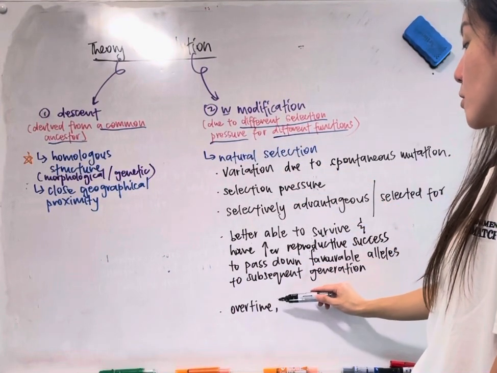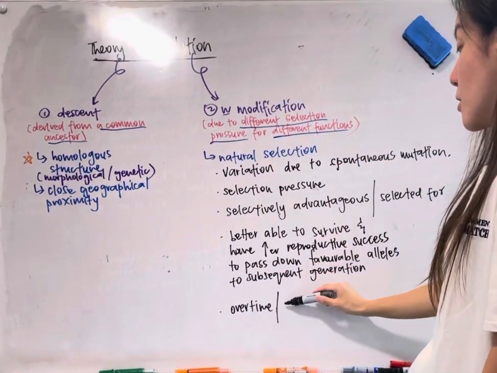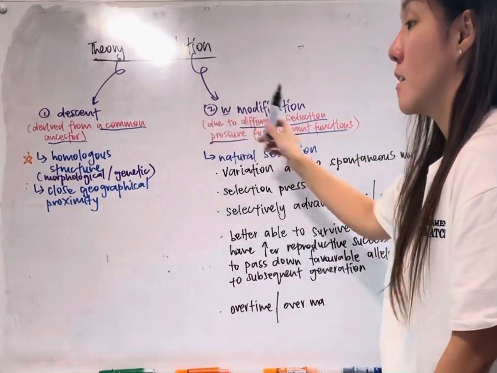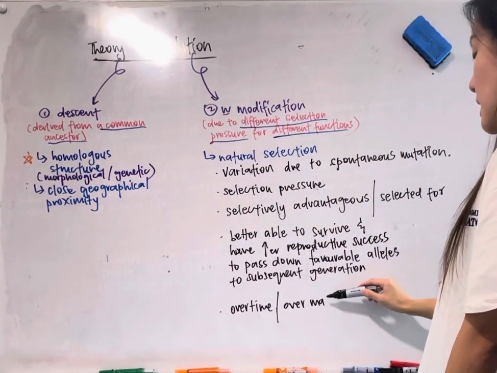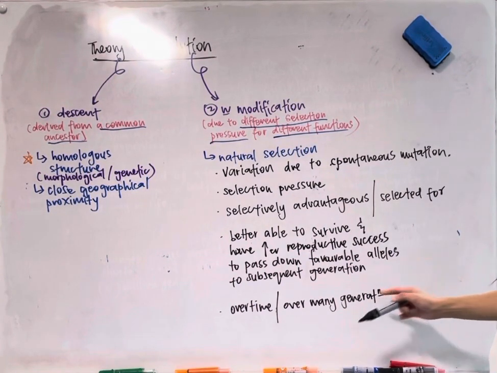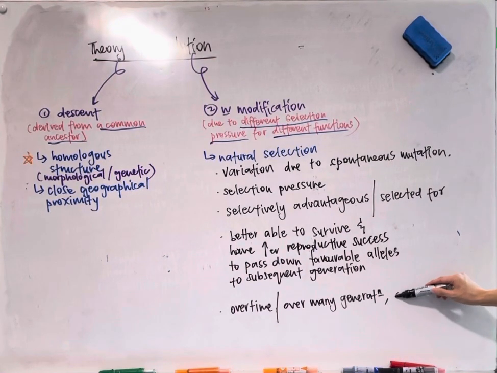So over time, or in this particular question, over many generations because they are different species now. Please take note: the moment you see speciation, you must always write over many generations. There will be changes in allele frequency.